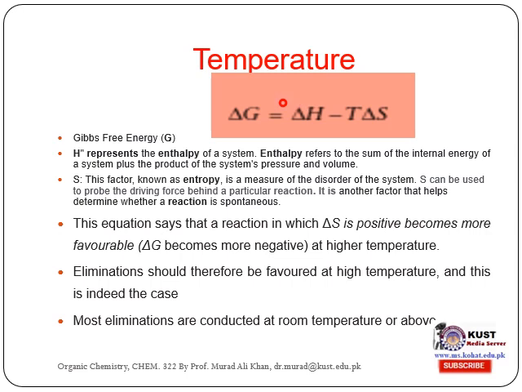So now if we look at this equation, it shows that the more positive delta S is, the more negative delta G becomes. So at higher temperature, delta G will be more negative.